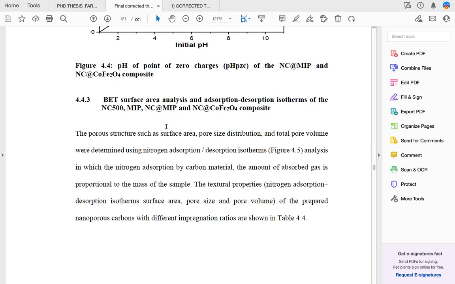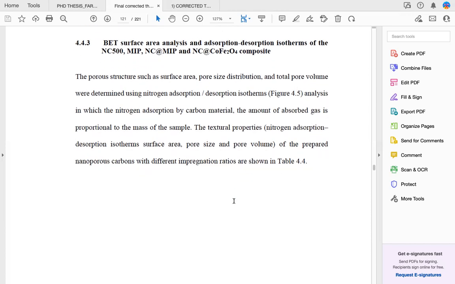The name is Brunauer-Emmett-Teller, but it is used for surface analysis, surface area, and sometimes you can identify the pore size and pore volume as well. This is very important, especially if you're working with materials like polymer.